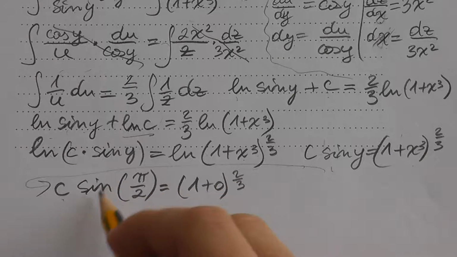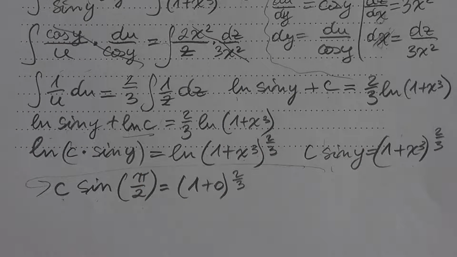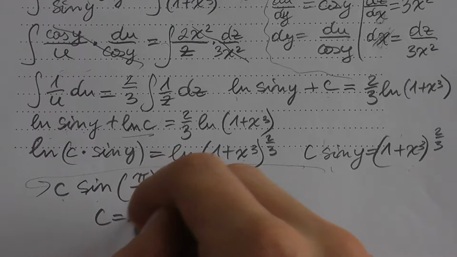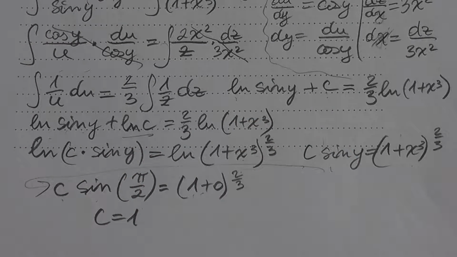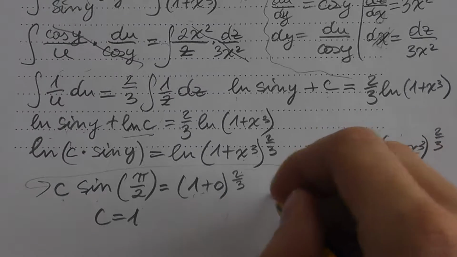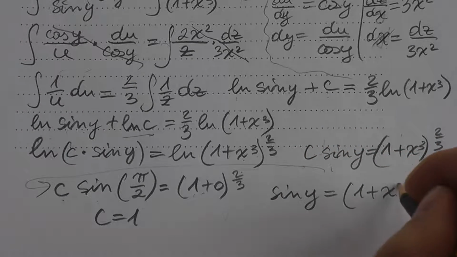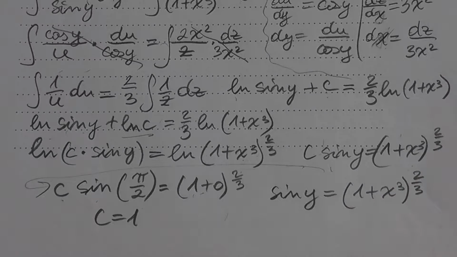Of course, sine of pi over 2, which is 90 degrees, is simply 1, so we get that c is in fact 1, because 1 raised to the power of 2/3 is 1. And so you don't have to write anything for c, and you can conveniently rewrite the equation as sine of y is equal to 1 plus x cubed to the power of 2/3.